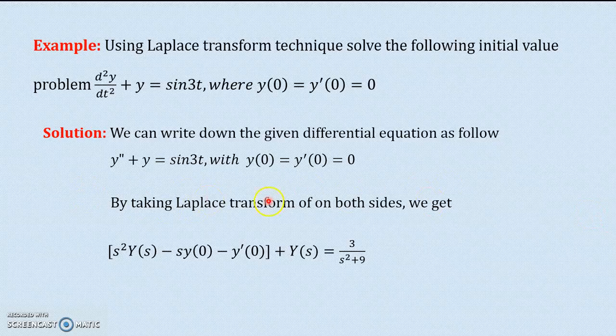By taking Laplace transform and by using the table and the property, that is Laplace transform of a derivative, we'll get this equation.